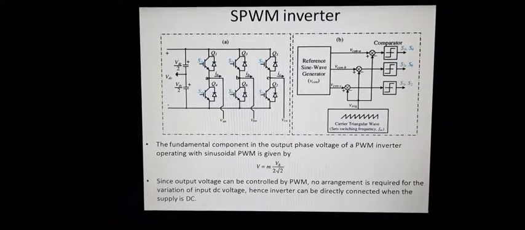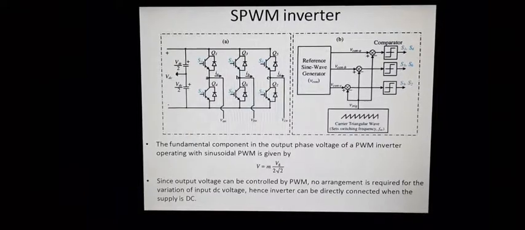Another interesting part of the SPWM inverter, compared to the stepped wave inverter, is that in the stepped wave inverter, to obtain a variable DC you had to use a chopper circuit, but here there is no need for such variable DC arrangements at the input side to get a variable output. Rather, you can easily obtain a variable AC output by just varying the modulation index.